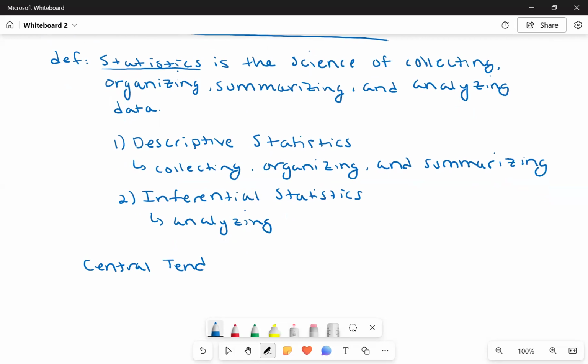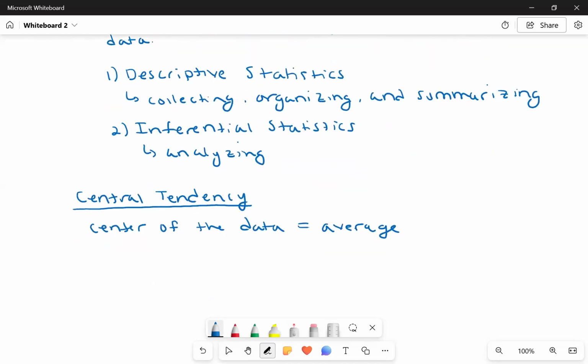So first thing we're going to look at is what's called central tendency. Central tendency is really looking at the center of the data. Now that can be the literal center, but it could be something that represents the center. The word we typically like to use in everyday talk is average. Now, most people, when they think of average, think of adding the data up and dividing by how many pieces of data there are. That's actually one type of central tendency called the mean.